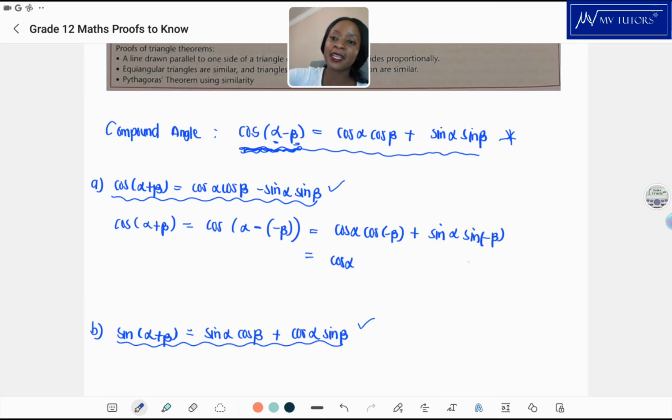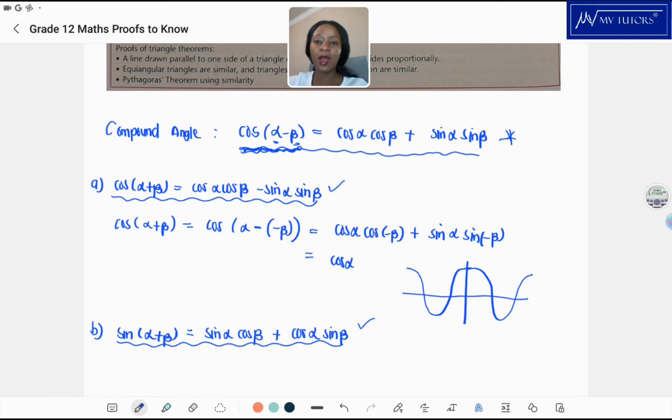And why is that? If you were to draw the cos graph, it is symmetric about the y-axis. So even if you had a negative 30 degrees and a positive 30 degrees, you will have the same answer, which would be positive.